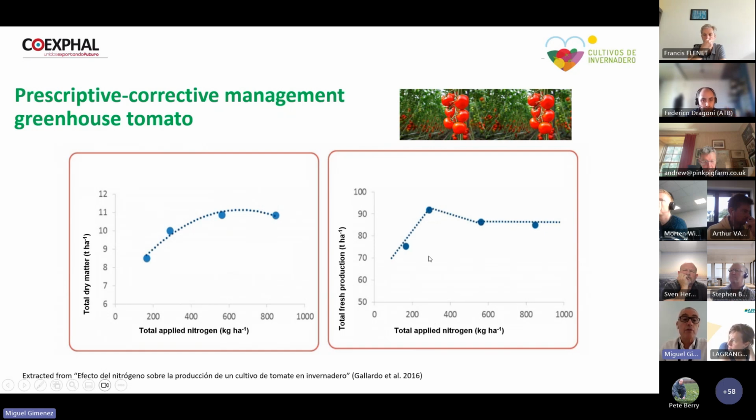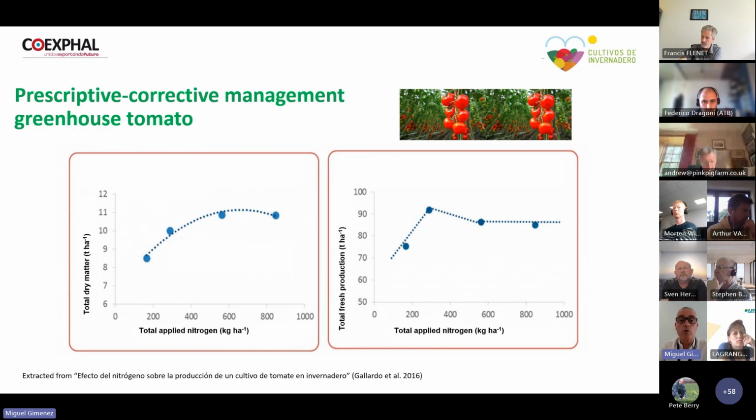And this is because when you apply an excess of nitrogen, you have a very strong increase in the leaf area index and also in the vegetative growth of the plants.